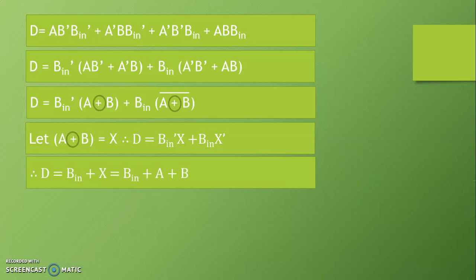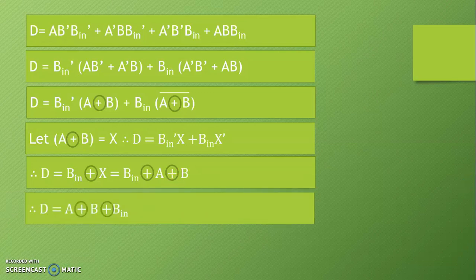So we can write D, that is B in exclusive OR with X, and if we substitute the value of X, then it becomes B in exclusive OR with A exclusive OR with B. So in a simplified way we can write our Boolean equation for the D, that is A exclusive OR B exclusive OR B in.